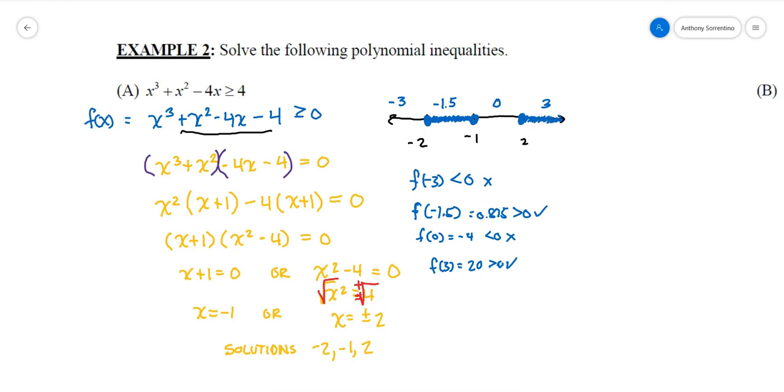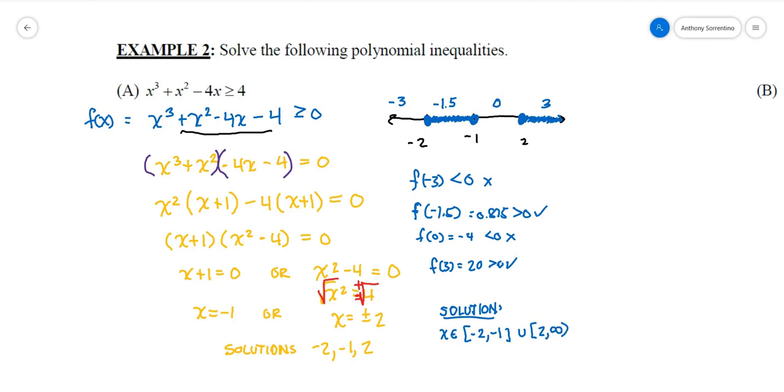So when I state the actual solution to the inequality in interval notation, I could say it's from, bracket, -2 to -1, bracket, or, bracket, 2 to infinity.